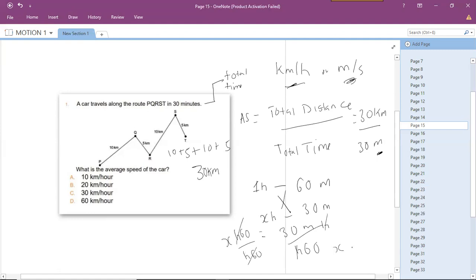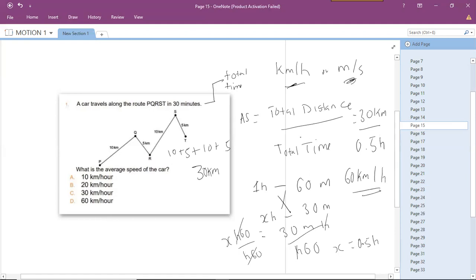If we say 30 divided by 60, it will give us 0.5 hours. So half an hour should be the answer, which makes sense. So instead of saying 30 minutes, we're going to say 0.5 hours. So we're going to say 30 divided by 0.5. We're going to get 60 kilometers per hour as our final answer.